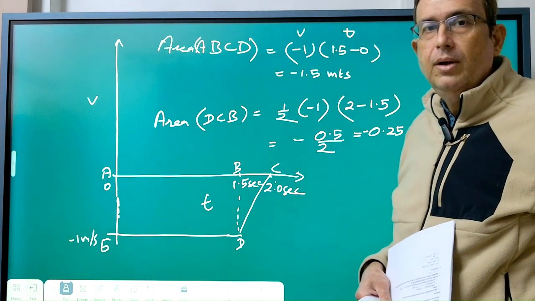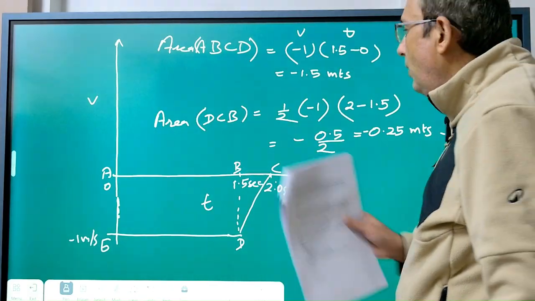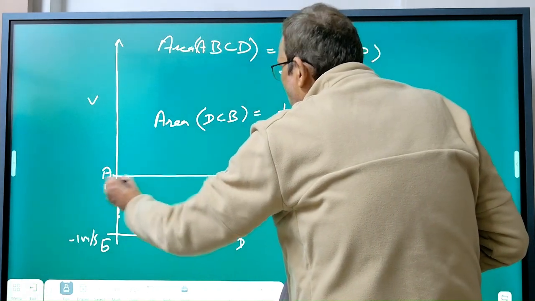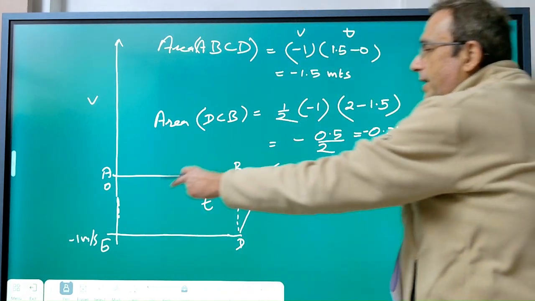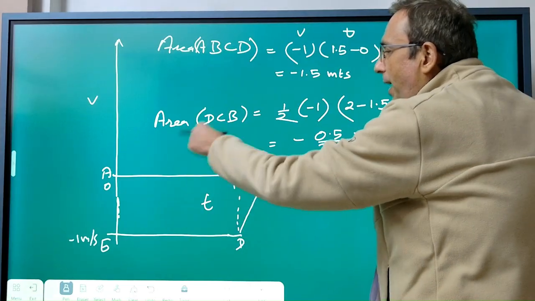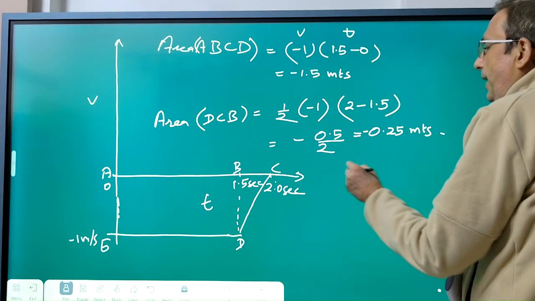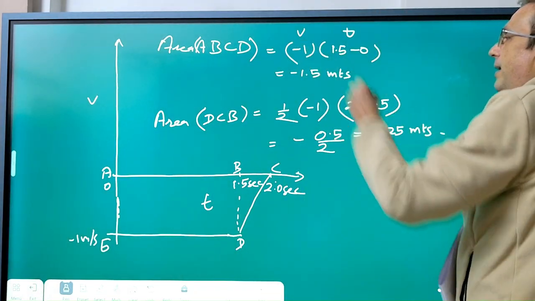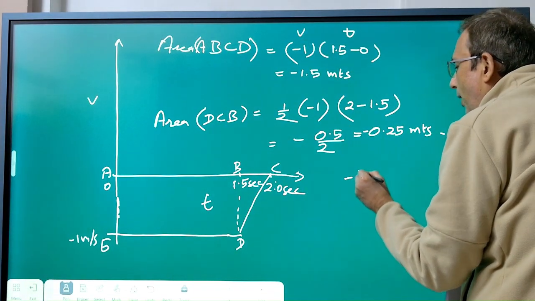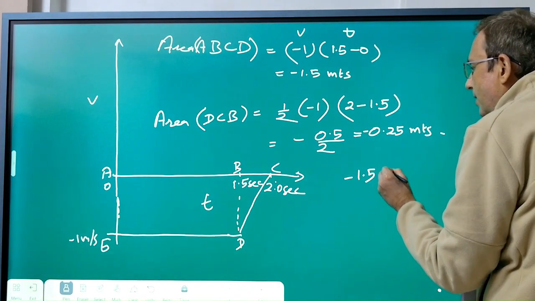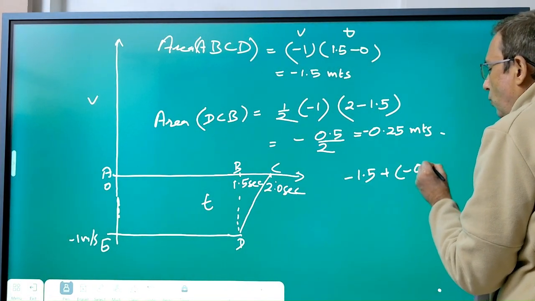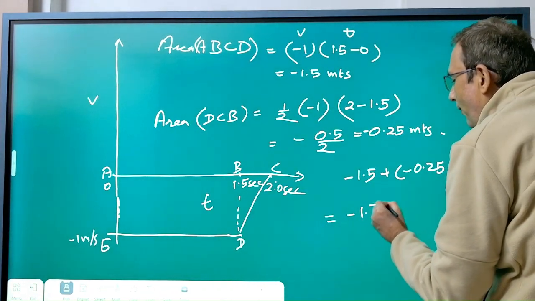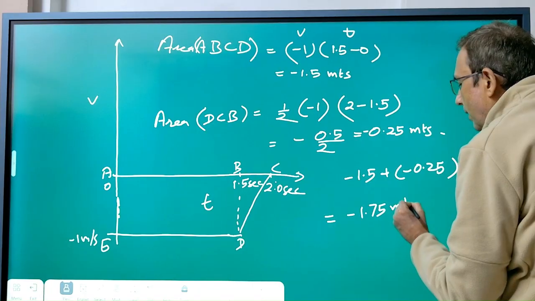Okay, so now in this case again you are seeing that the total displacement from, let us say, 0 seconds to 2 seconds in this particular motion, which is represented by this graph, is going to be the area under this whole curve from A to C, and then it would be equal to minus 1.5 plus minus 0.25, which would be equal to minus 1.75 meters.